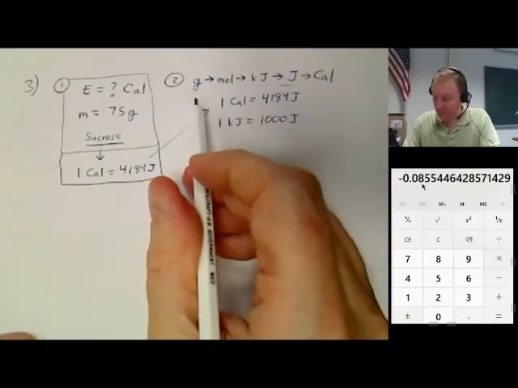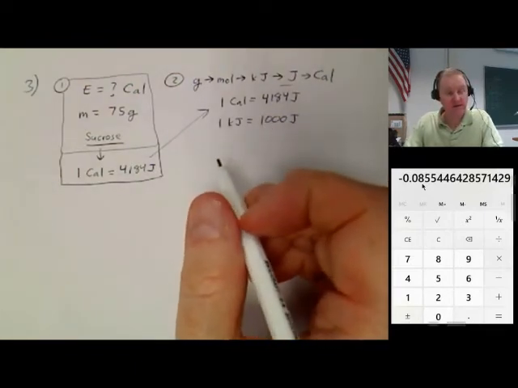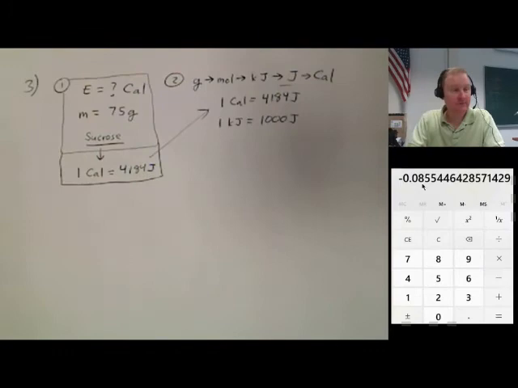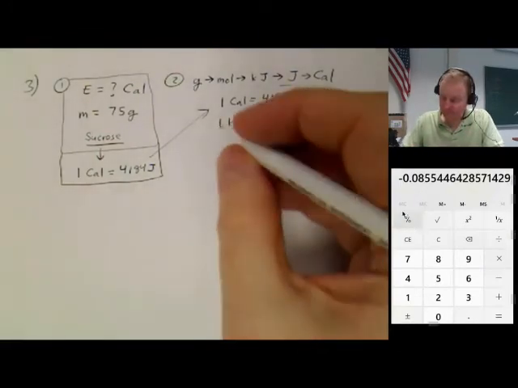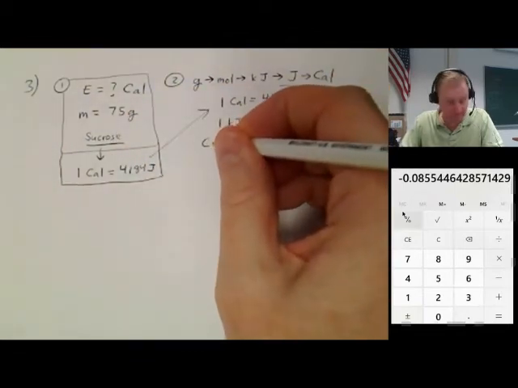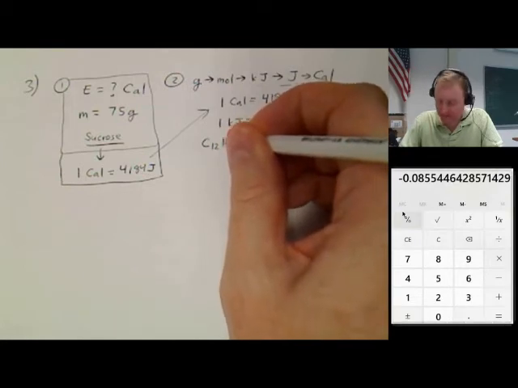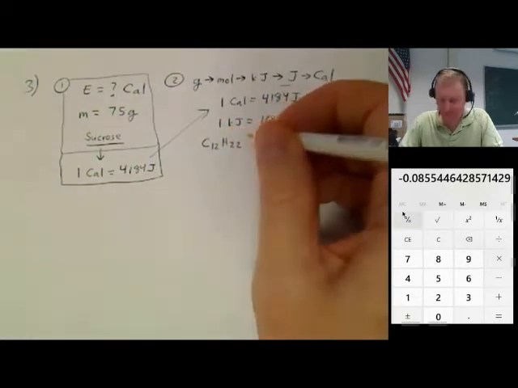How about the molar mass? What's the molar mass of sucrose? To find the molar mass of sucrose, you would need to add up the atoms. Sucrose is C12H22O11.